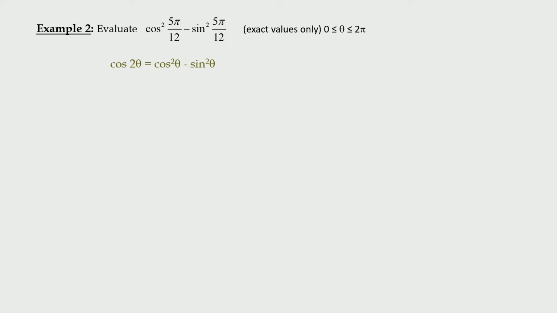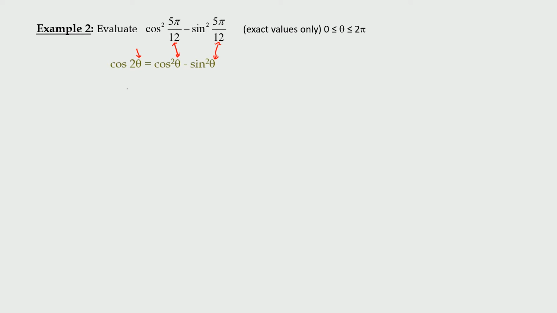All we have to do is swap out some stuff. So my angle right here, instead of a theta, is a 5 pi over 12. So I have to do the same thing with this theta. I'm going to have to change that. So let me first rewrite the question.